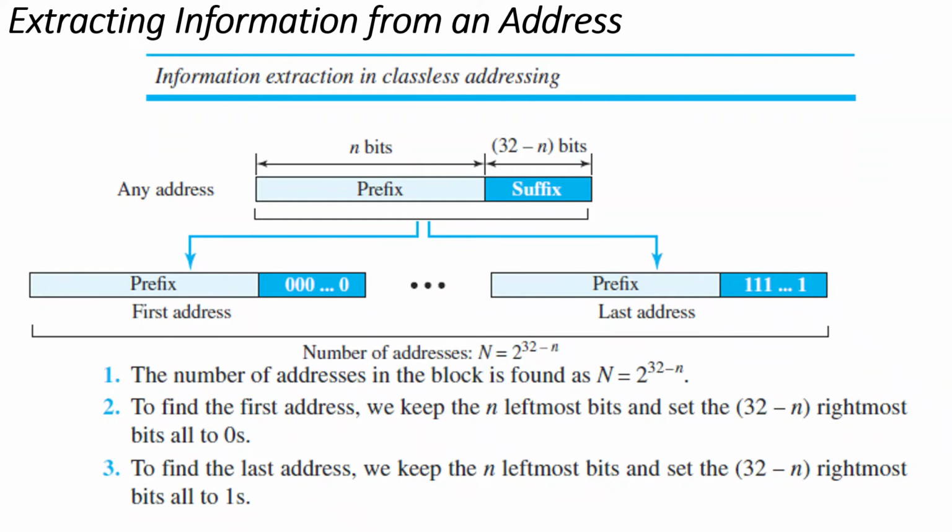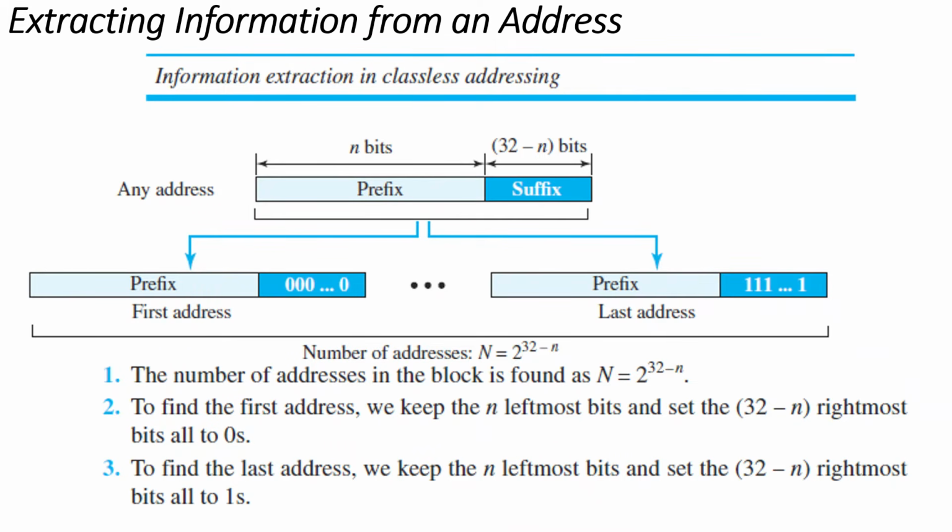Keep the leftmost n bits and set the 32 minus n rightmost bits all to 0. This is the first address in the address block. To find the last address, keep the n leftmost bits as they are and set the 32 minus n rightmost bits all to ones. If you apply these formulas, you can find the first address and the last address.